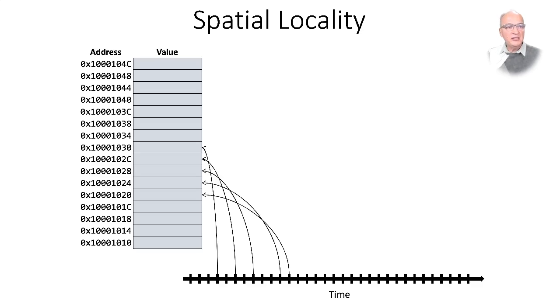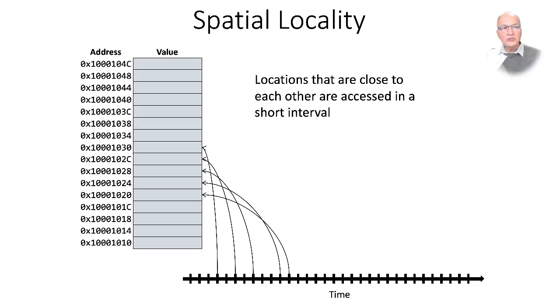So locations that are close to each other are accessed within a short interval of time. So what we're going to do to build our memory that has a fast access time but a much lower cost is take advantage of the principle of locality.